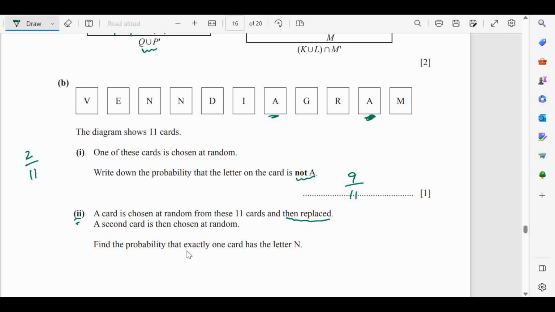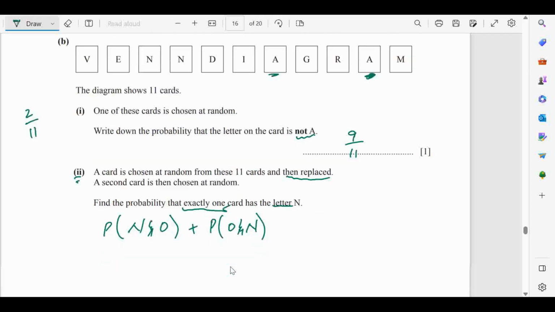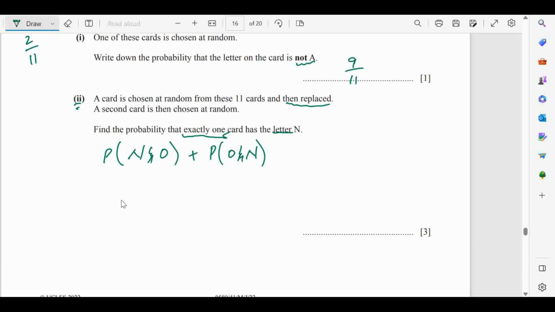Find the probability that exactly one card has the letter N. So first of all, let's say in the first pick we have the card N, and then we have the card others, plus let's say in the first pick we have another card, and in the second pick we have the card N. So these are the two possibilities, so we need to calculate it and simplify it.